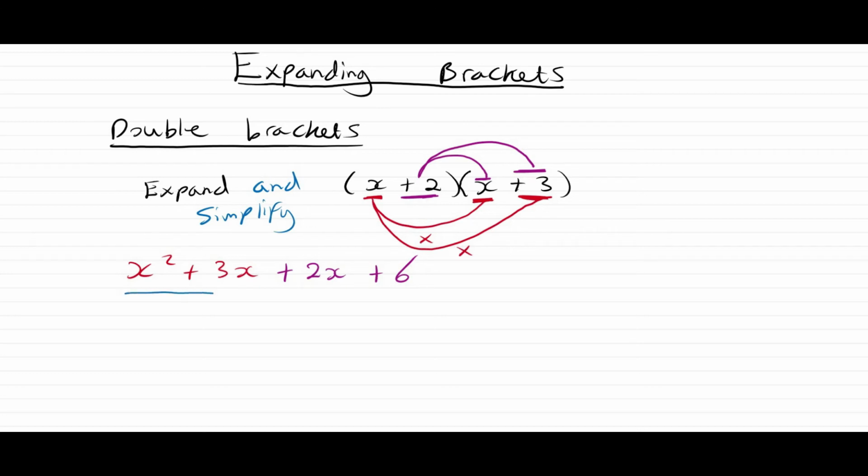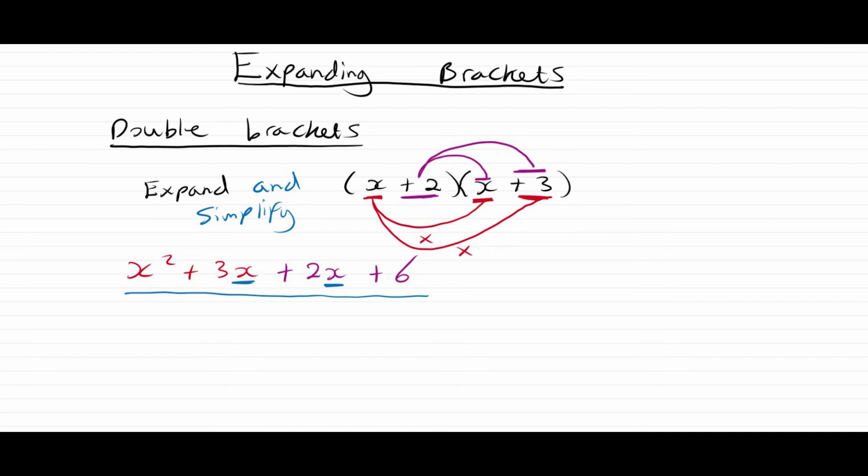So once you've got this, x squared plus 3x plus 2x plus 6, you simplify it by combining the like terms. The only two terms that are like one another here are the x's, the 3x and the 2x. You cannot combine x with x squared. X squared has got a squared in it. They're different. They're a different clique.